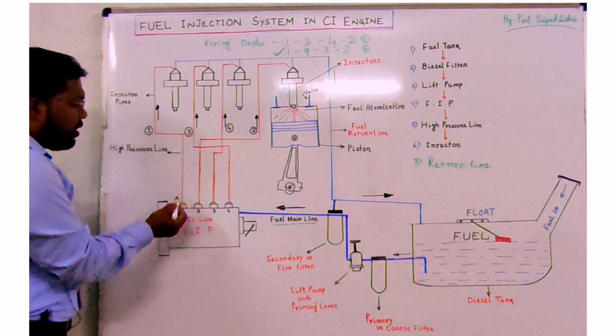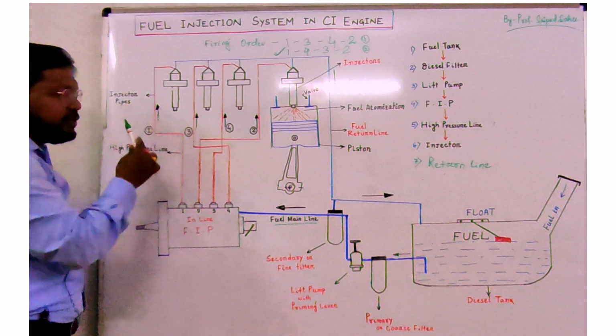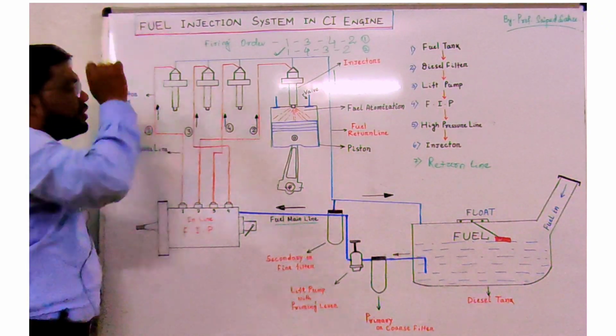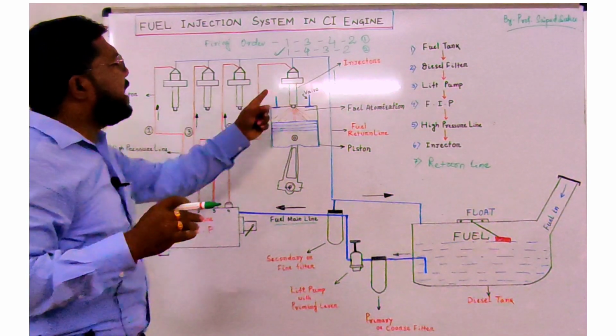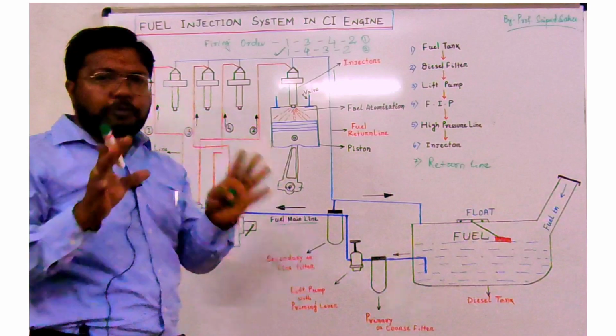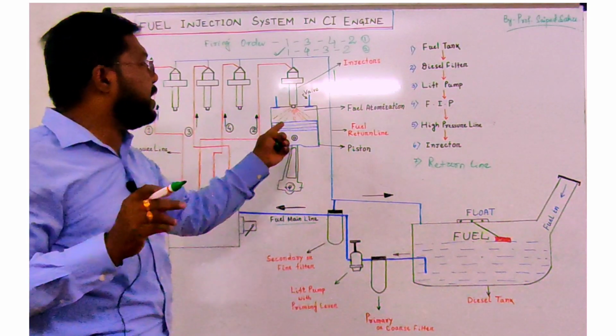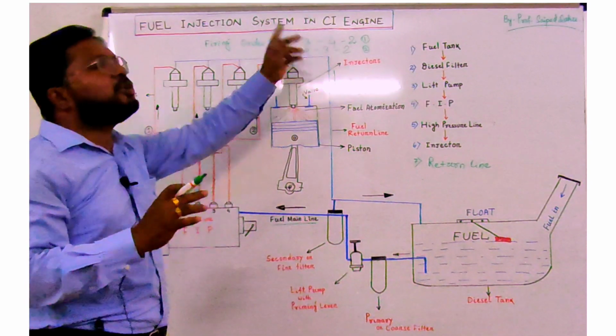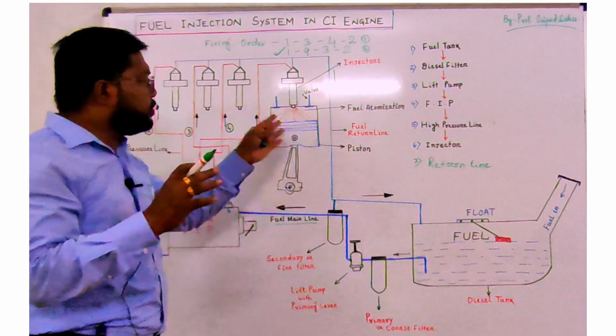Now through this high pressure line, this high pressure diesel fuel is coming to the injector. We will take one cylinder as an example and discuss how it is injected and what happens there. Just like that, in every cylinder as per the firing order, this process will continue.